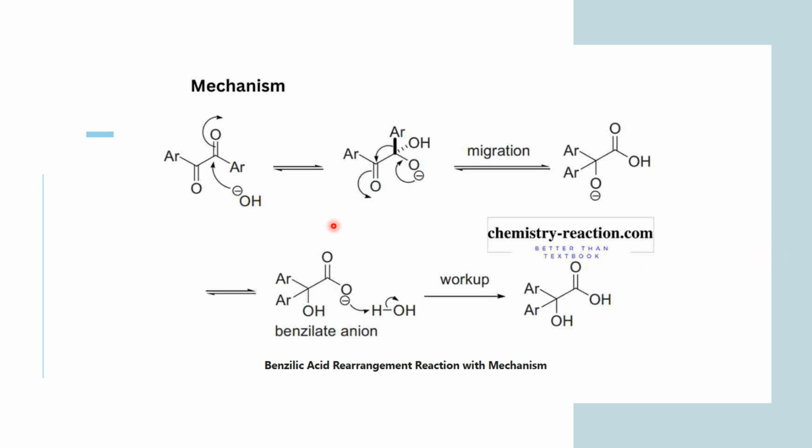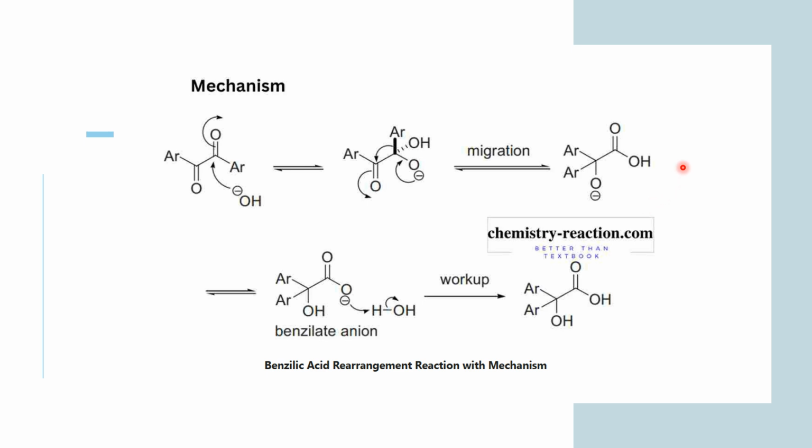At first, the hydroxide is going to attack at one of the carbonyl centers to give us the oxyanion, which then undergoes alkyl migration from the alpha position to the adjacent carbonyl center, and this migration is going to give us the second oxyanion.